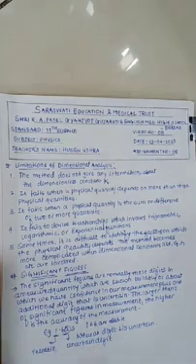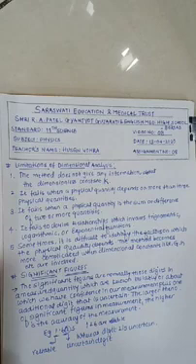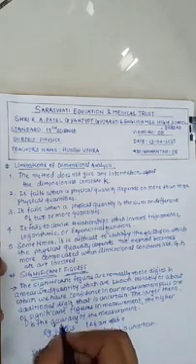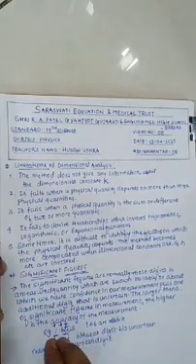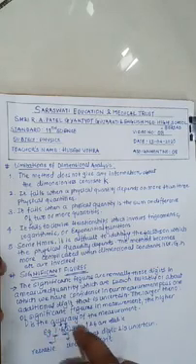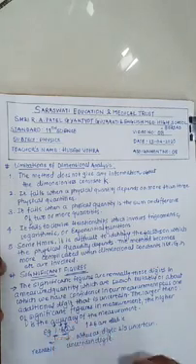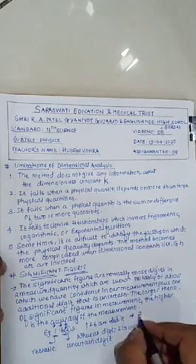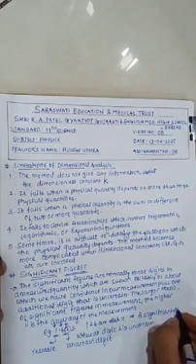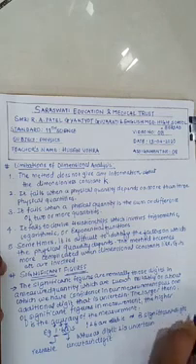Every measurement, 1.62 seconds, means what? Digit 2 is uncertain, 1 and 6 are certain digits. So the period has in total how many significant digits? 1, 2 and 3: the reliable digits and one uncertain digit. So there are 3 significant digits. Till this clear?